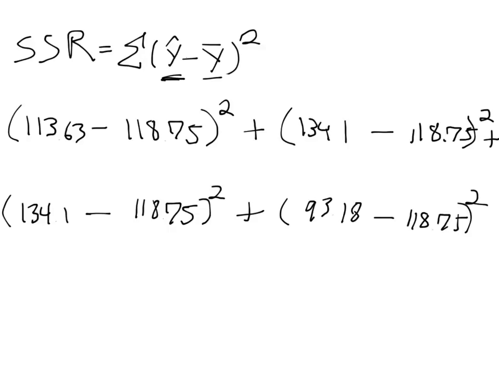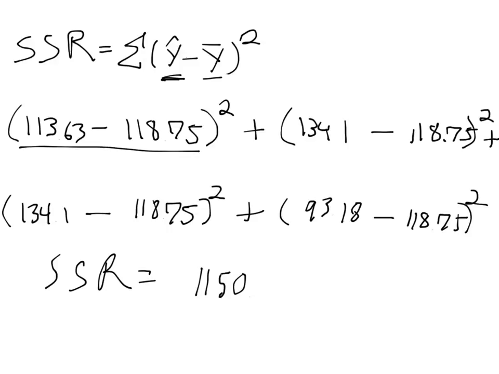If I subtract 113.63 and 118.75, square that, and then add it to all of these other differences, that gives me a sums of squares from regression that is equal to 1150.64.